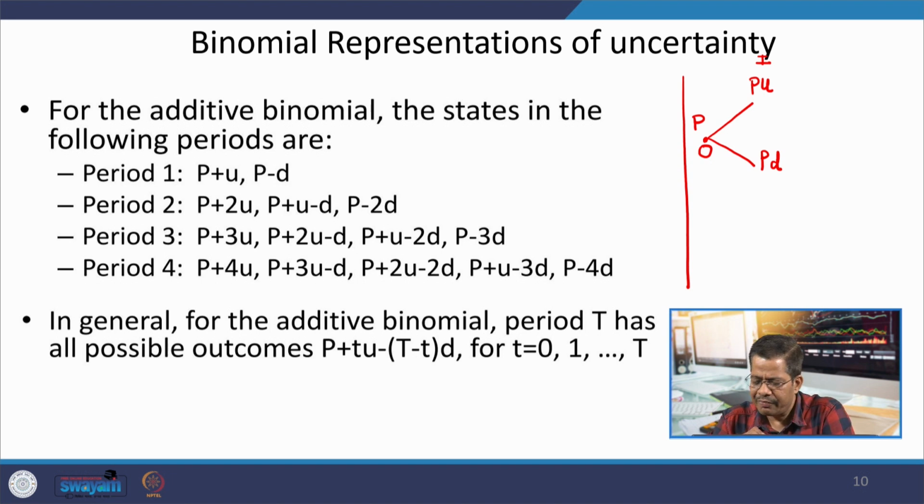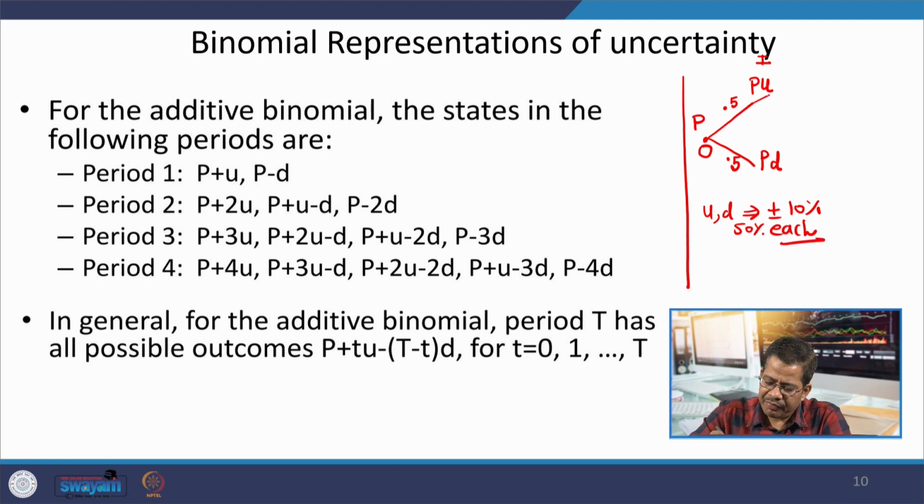For our purpose, I am associating equal probabilities for both these branches, that in period 1 there is a 50% chance the price will go up by a factor of 10% and the price may decrease also by a factor of 10%. U and D are plus minus 10%. Prices are increasing or decreasing by 10% and the probabilities are 50% each.